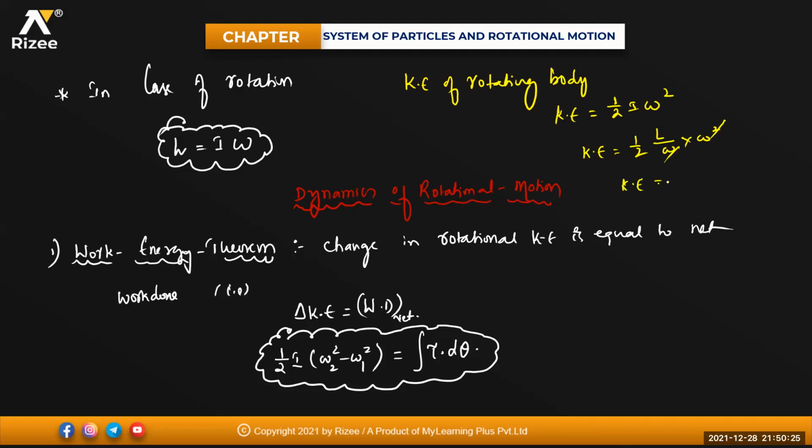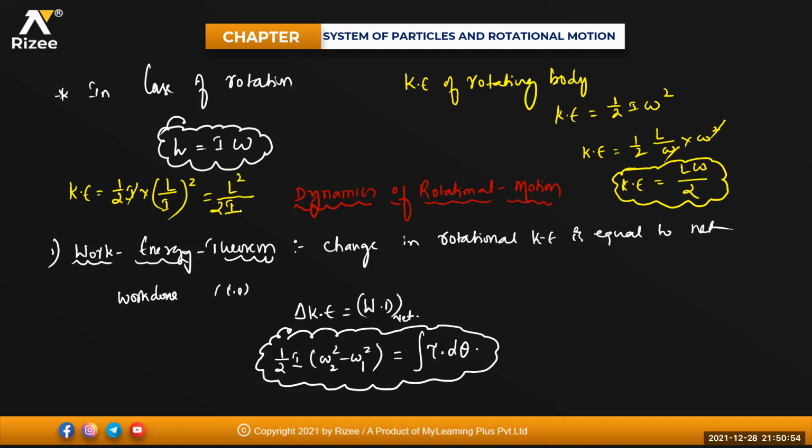So kinetic energy is also equal to L omega divided by 2. Or else I can even write the kinetic energy like this: kinetic energy is also equal to half into I, where omega can be written as L by I, whole square. This I and that one square will get cancelled. So this will become L square divided by 2 I.